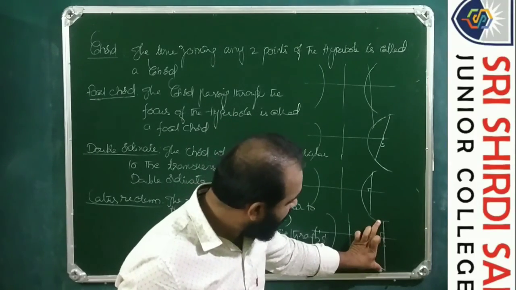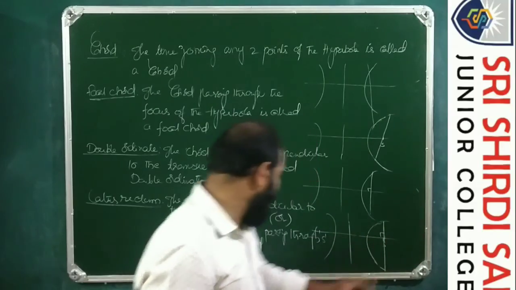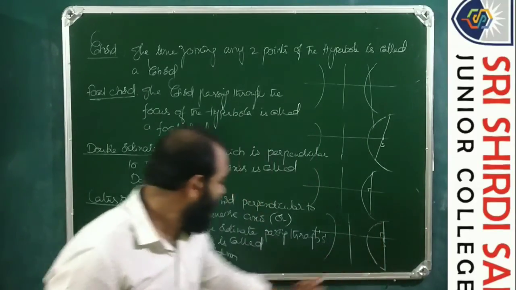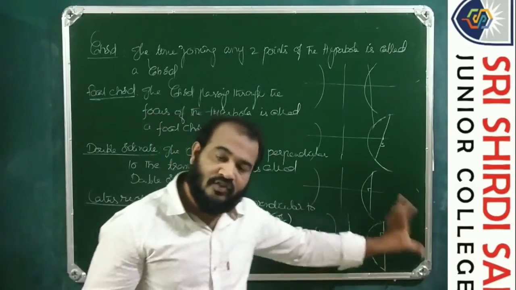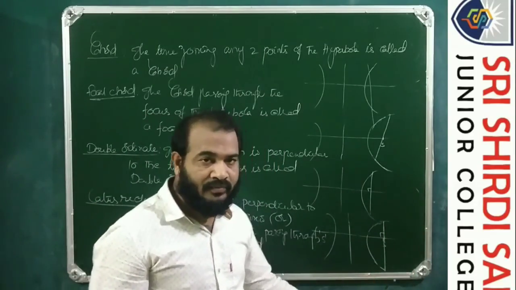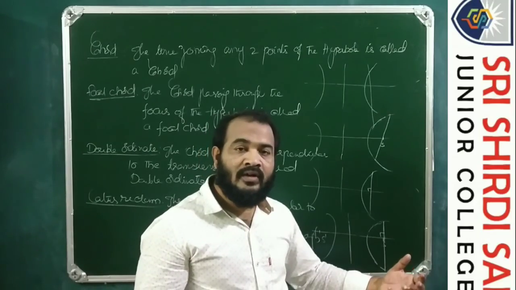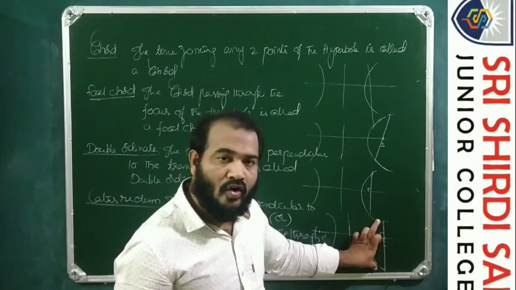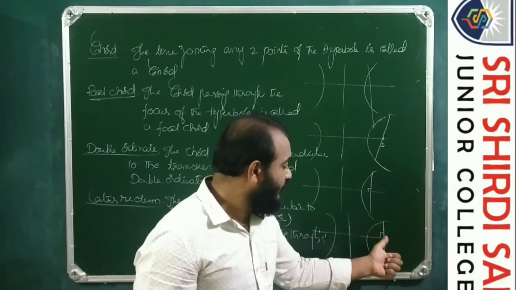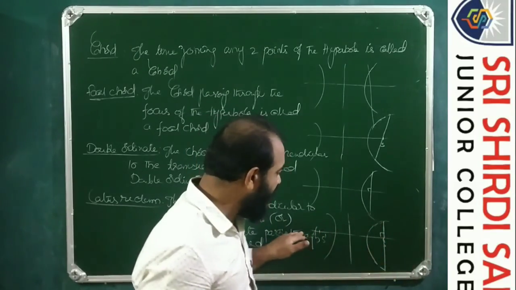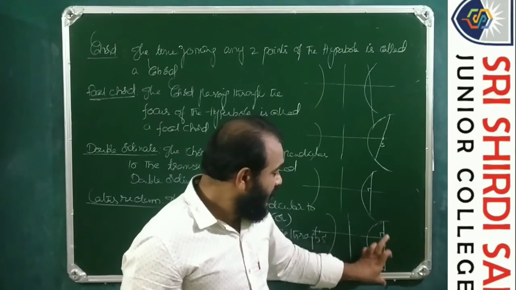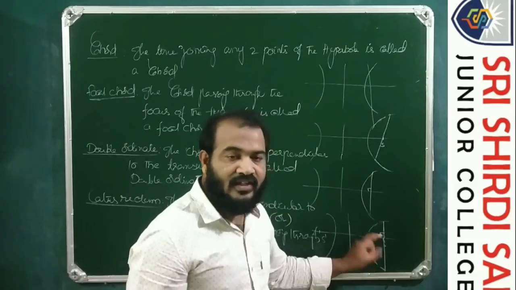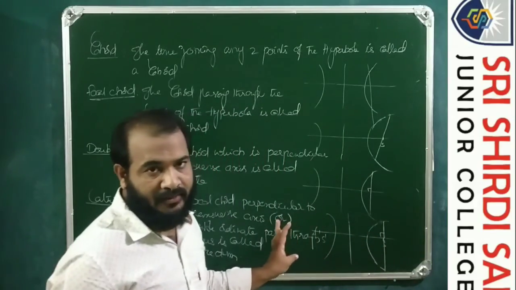The focal chord perpendicular to the transverse axis is also called the latus rectum. Or speaking from the double ordinate perspective, double ordinate means the chord which is perpendicular to the transverse axis, so the double ordinate which is passing through the focus is also called the latus rectum.